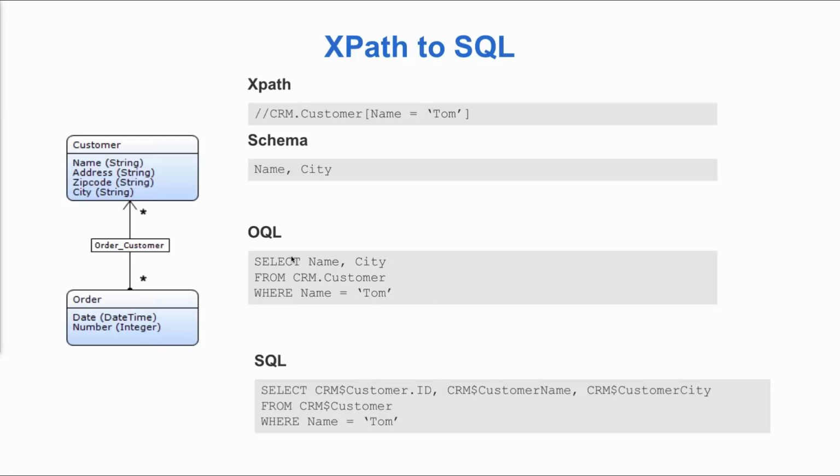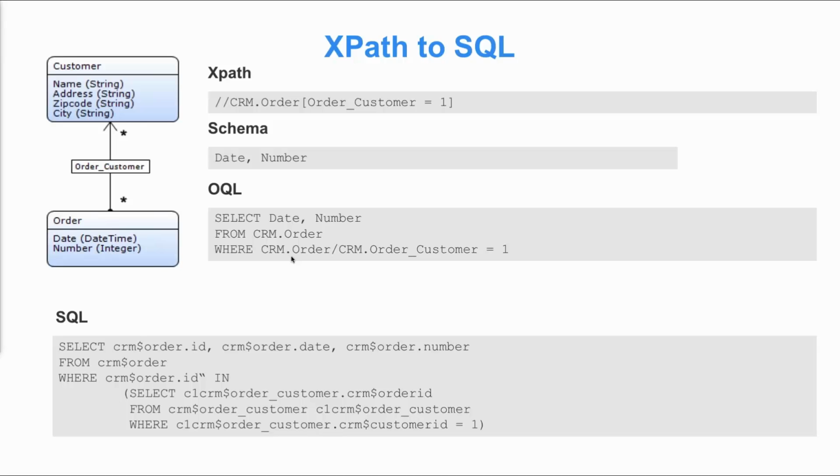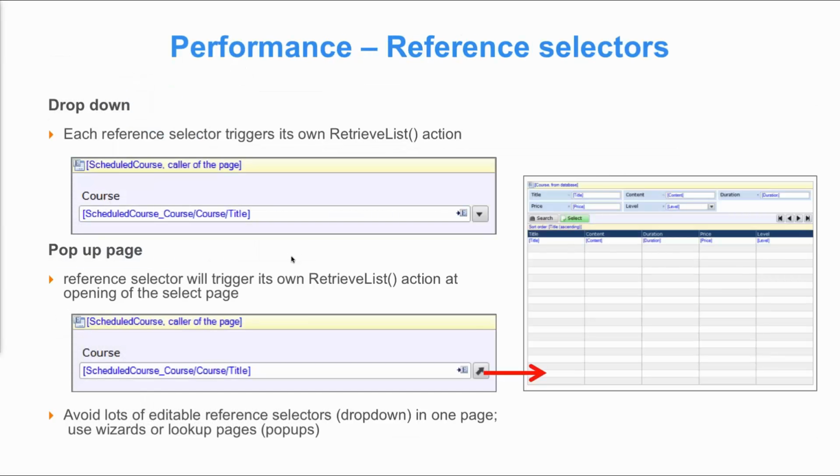The schema is basically on that page you're only seeing the name of the customer and the city where they're from. That gets converted into an OQL query and then from OQL into SQL. And you can see that as the queries become more and more complicated, the select statements become more complicated as well. So it's very important to optimize those queries as you're building the pages.